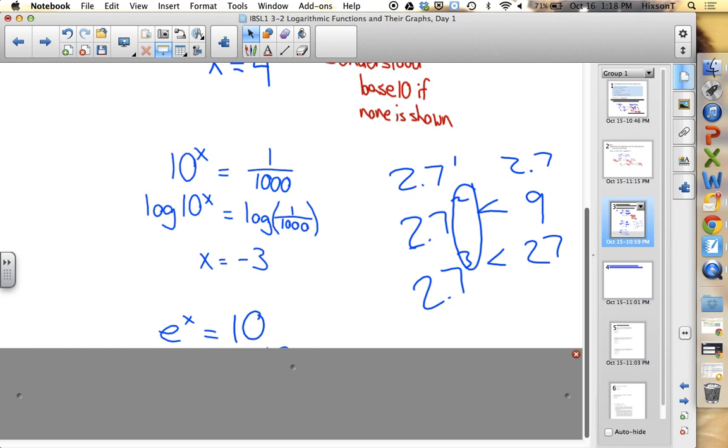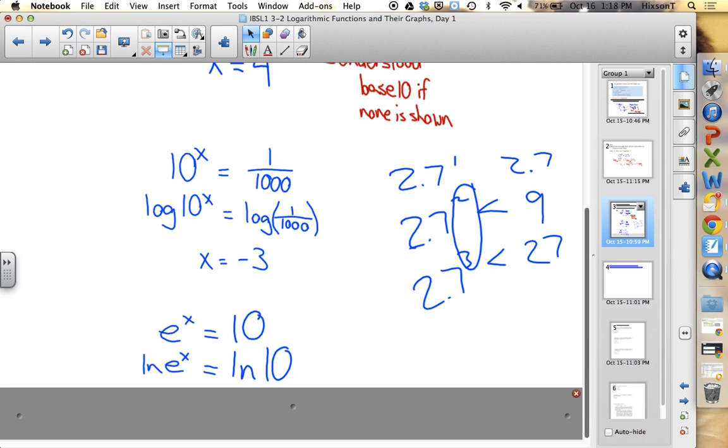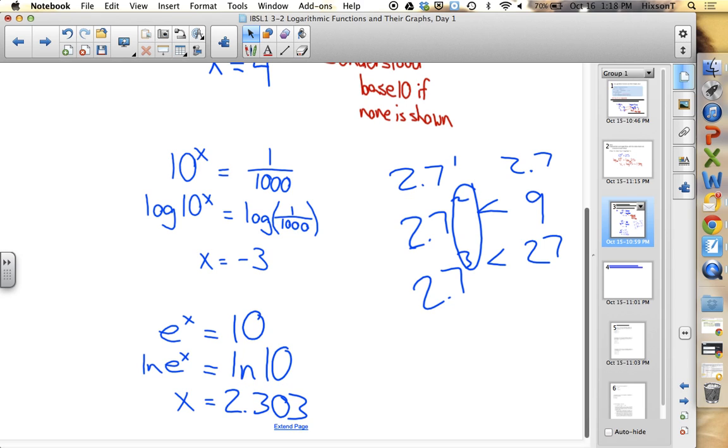Now, if we use our calculator, we are going to use the ln, the natural log. Alright? And what do you get when you punch in the natural log of 10? 2.3. 2.3? Okay. So, x is 2.3. So e to the 2.303 power is going to give us 10. Okay?